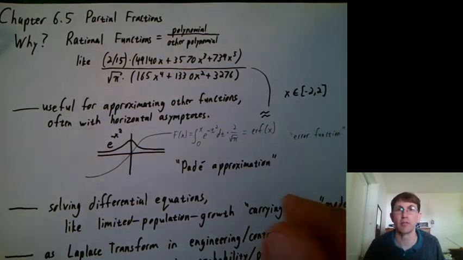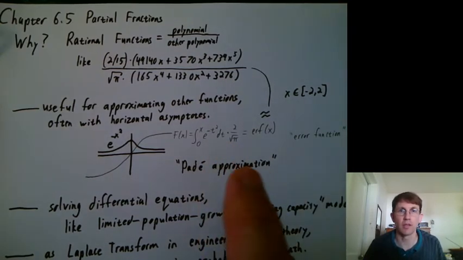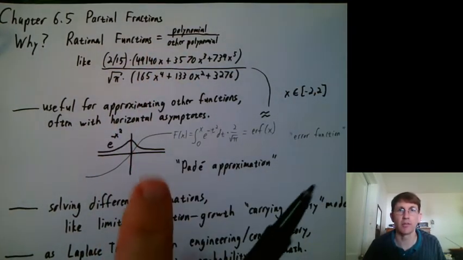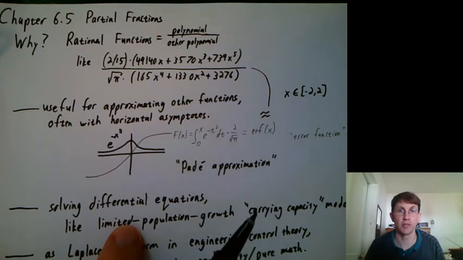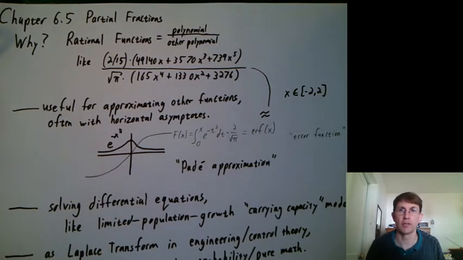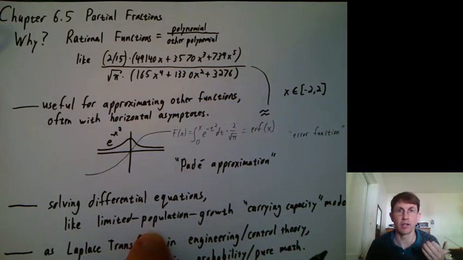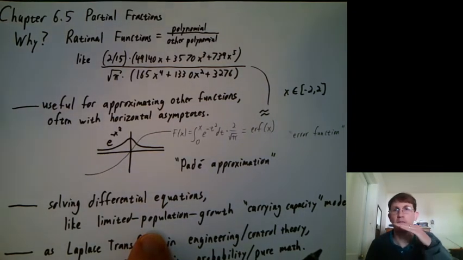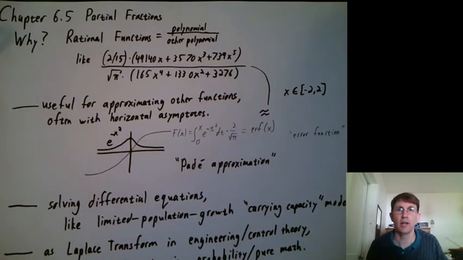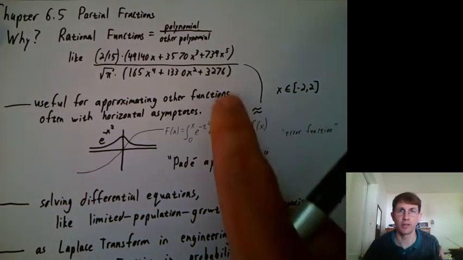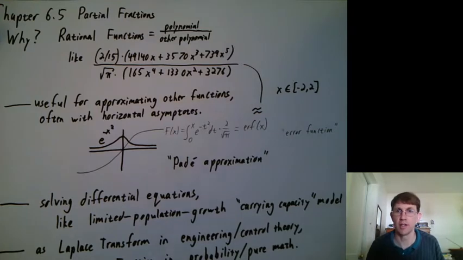So we also like rational functions and partial fractions because they help us solve some differential equations. You might have heard of exponential growth for populations, but a more interesting model is where it grows exponentially for a while, but then levels out at some carrying capacity. And we can use rational functions and partial fractions to solve that differential equation.